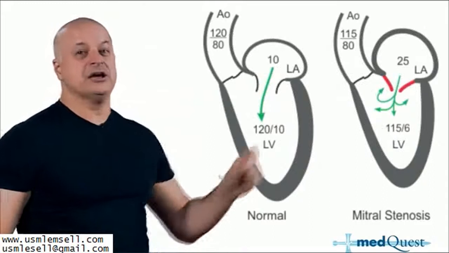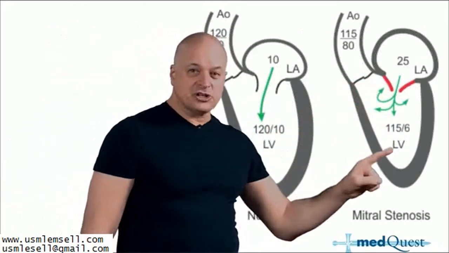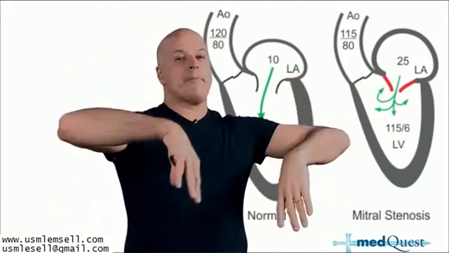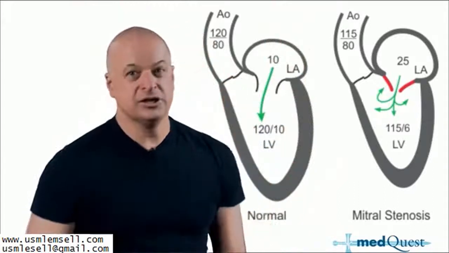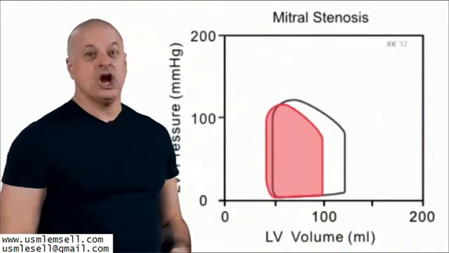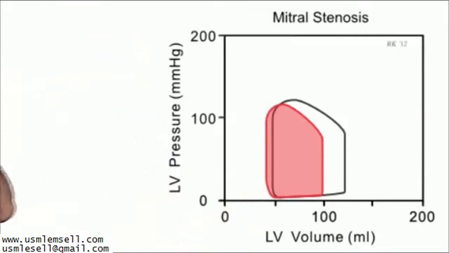Things like mitral stenosis. The mitral valve is open, the ventricle contracts while the mitral valve is still open, and instead of the nice flap, flap, it closes with a bang, because the stenotic valve is still abnormally open. Here, mitral stenosis. Take a look. Can you figure it out?